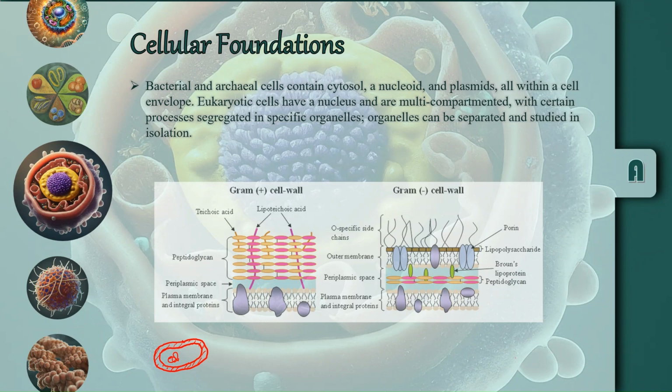Archaeal plasma membranes have a similar architecture, but the lipids can be strikingly different from those of bacteria. Some bacteria are called gram-positive because they are colored by gram stain and have a thick layer of peptidoglycan outside their plasma membrane, but they lack an outer membrane.